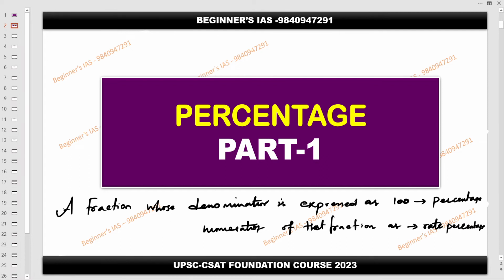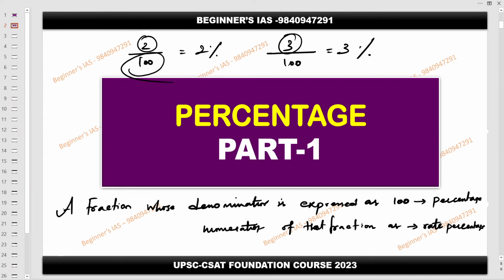For example, 2 by 100: the numerator is 2, therefore you call that 2 percentage. Understood? A fraction whose denominator is expressed as 100. So whatever is given, you need to express it with denominator 100. Then the respective rate percentage is equal to the numerator. So you need to be very careful with these things.